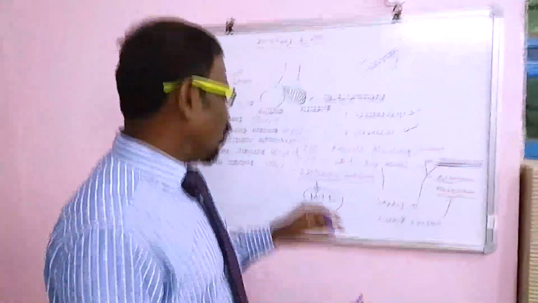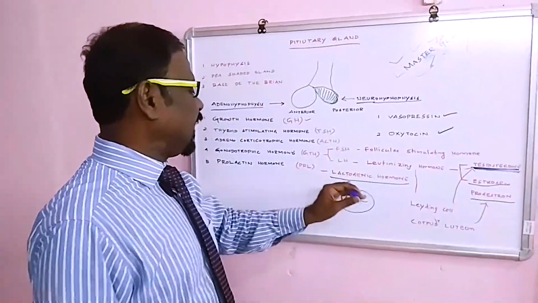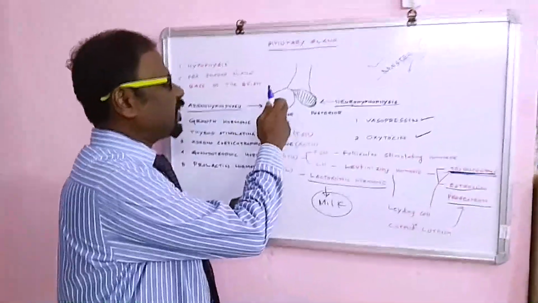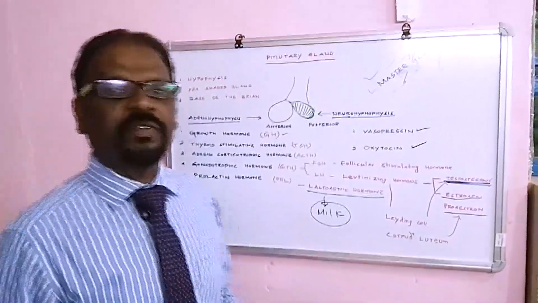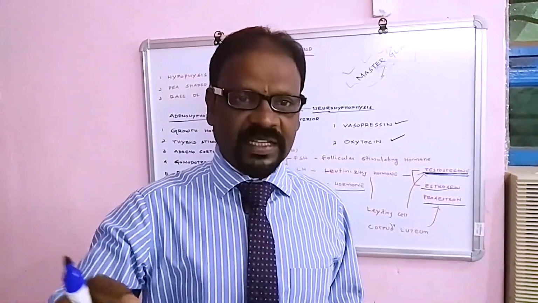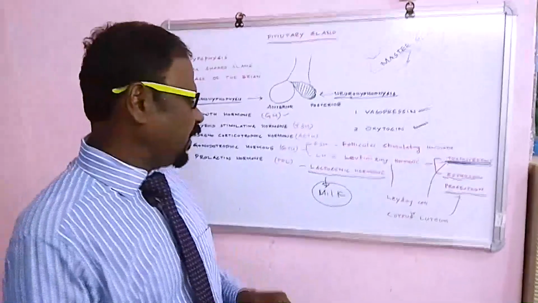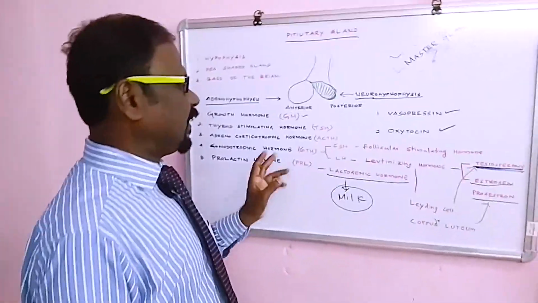The prolactin is the lactogenic hormone produced by the adenohypophysis region, the anterior lobe of the pituitary gland, which is involved in the production of the milk after the delivery. After childbirth, we can find the milk production in the female. So that is controlled by the prolactin hormone.